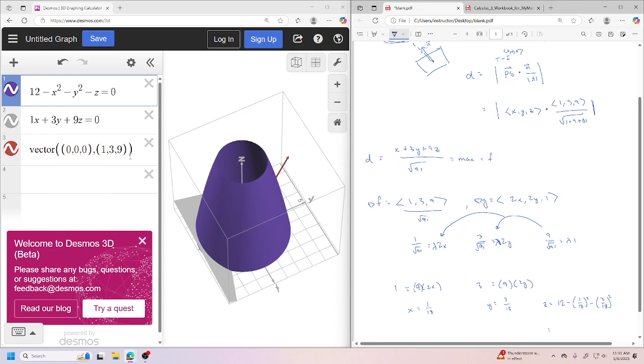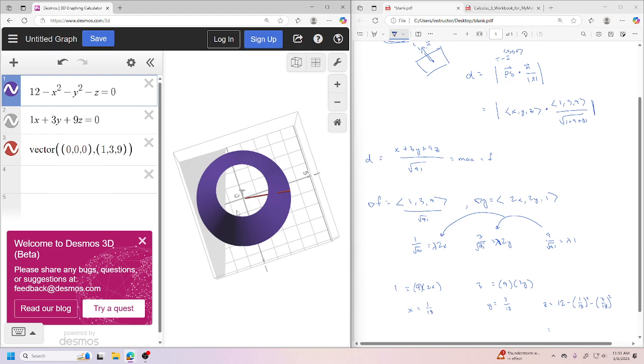I don't think this normal vector is exactly correct. Technically, where is this? Yes, it's under that graph. So it could be somewhere else down over here as a start point.